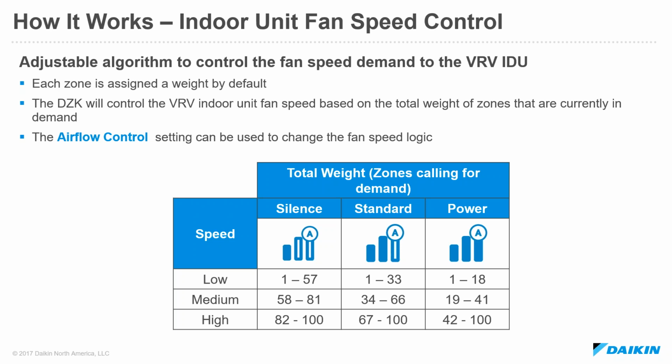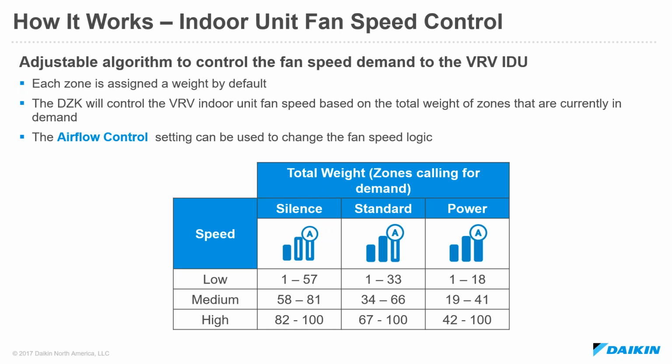Essentially what we're doing here is weighting the demand of the different zones. In the silence configuration, we're asking the DZK to wait until there is greater demand from all of the zones before it brings the fan speed up to a higher setting.